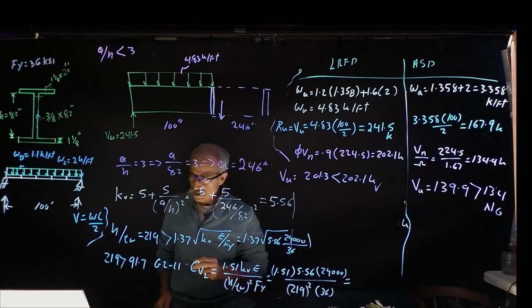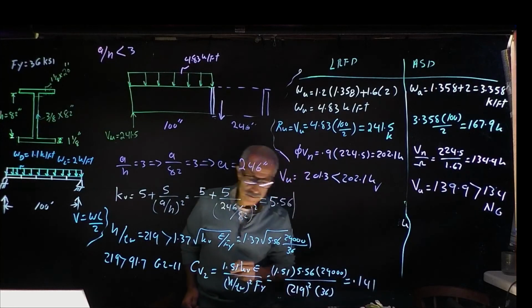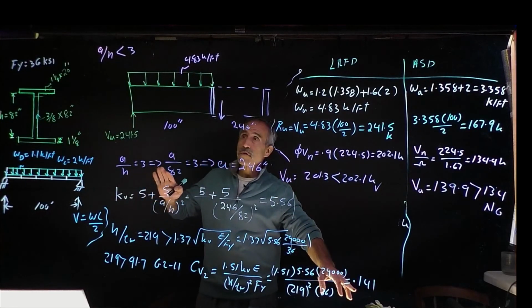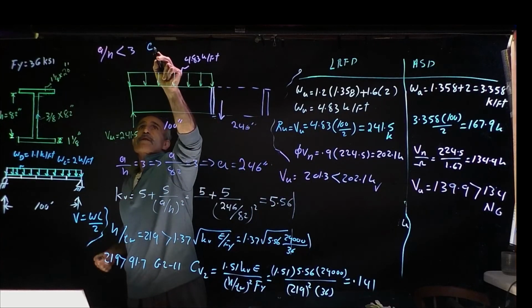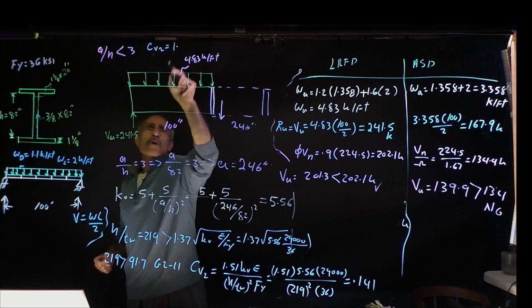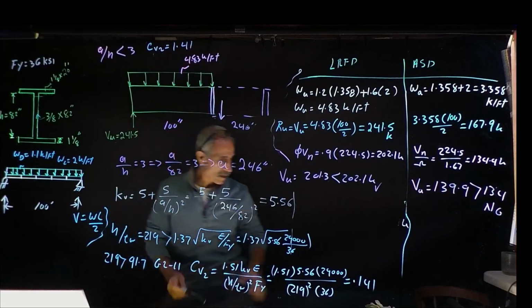So that gave us CV2 as 1.41. Let me erase this. So I'm going to write here CV2 came out to 1.41, and I'm going to erase the rest of that stuff up here.